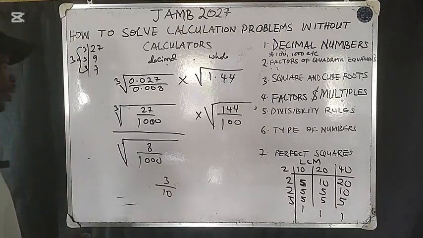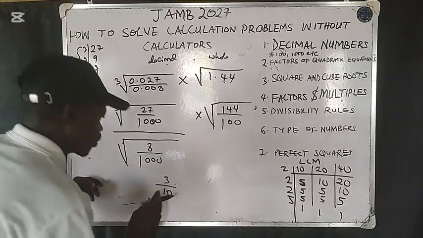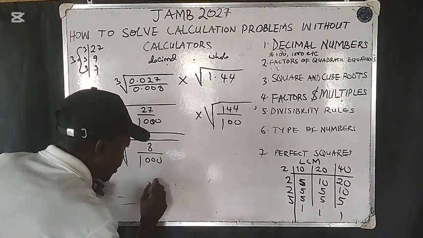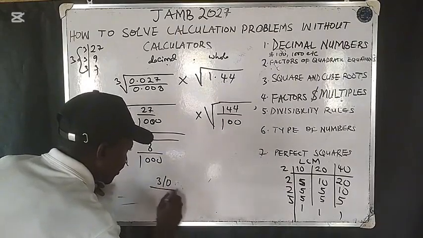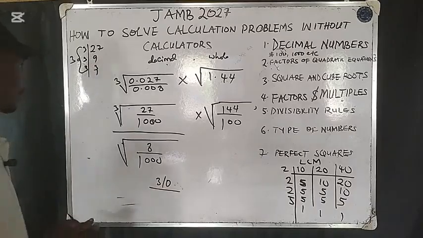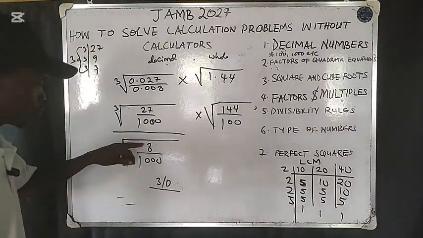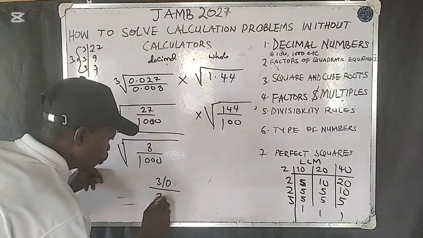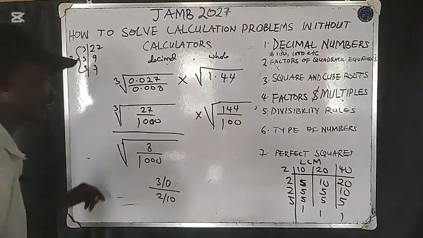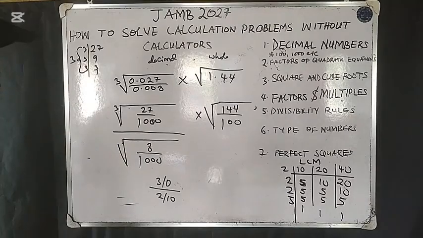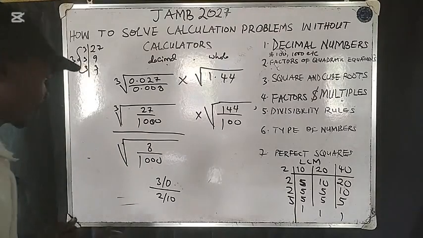So over 10. It's not so? So let's write like this. 3 over 10. Then for this one, here it will be 2, right? Here it will be 2 over 10. Am I right? So let's write it this way.